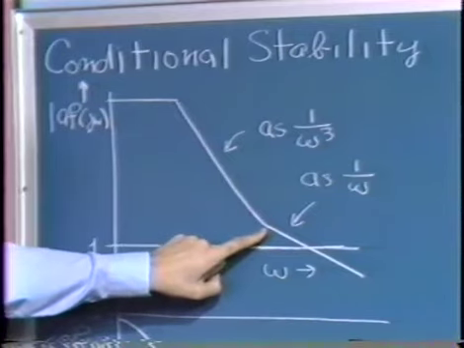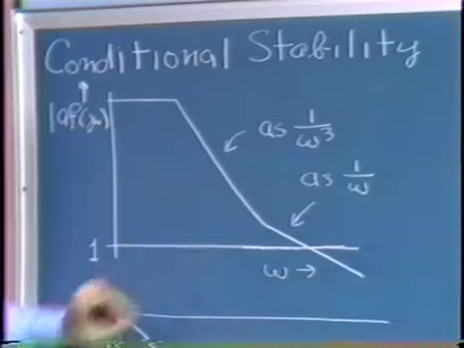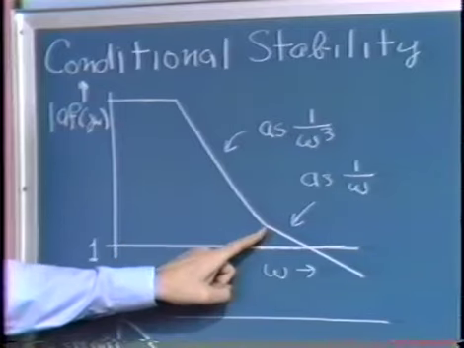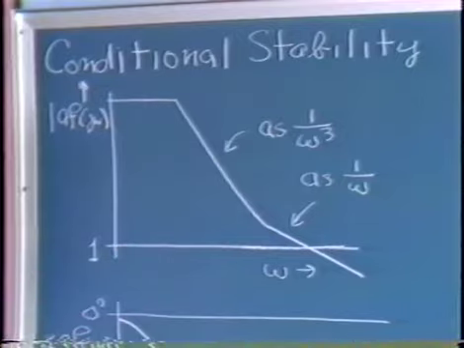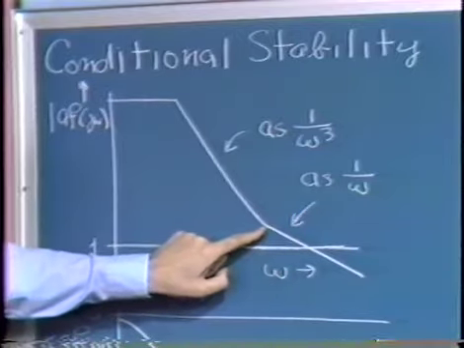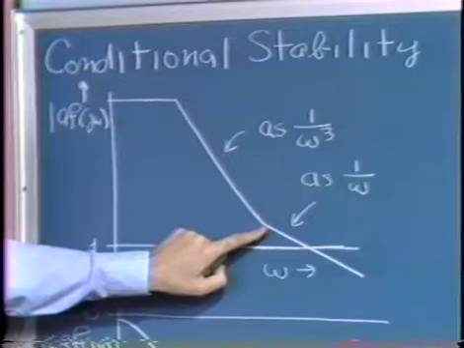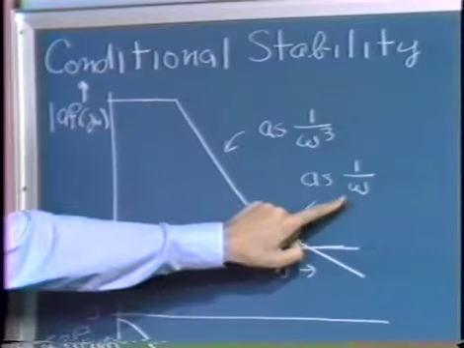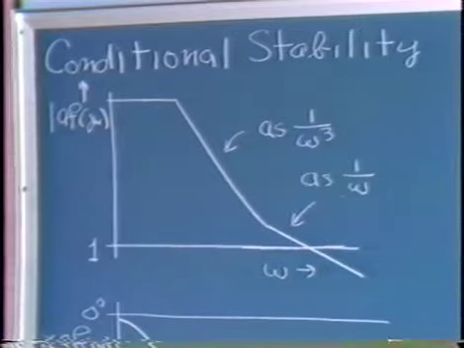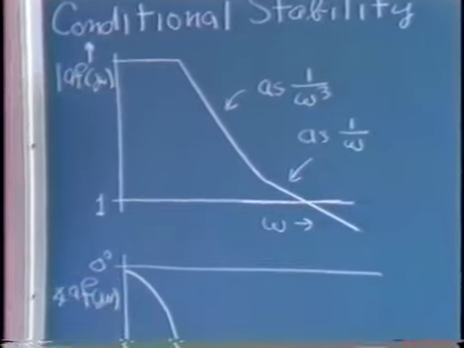Then let's assume there are 2 additional zeros associated with the loop transmission, located at frequencies below the crossover frequency. Consequently, in the vicinity of crossover, the magnitude portion of the loop transmission will roll off as 1 over omega. The angle looks something like this.